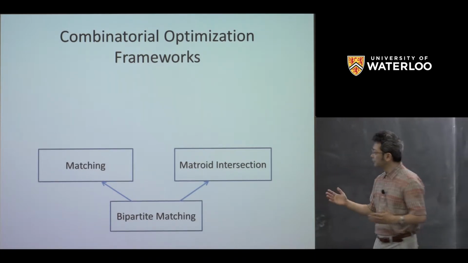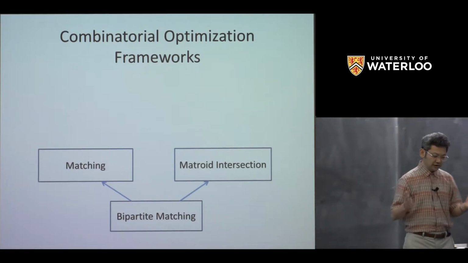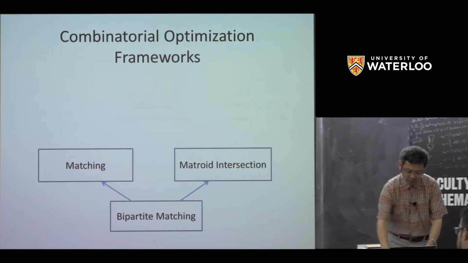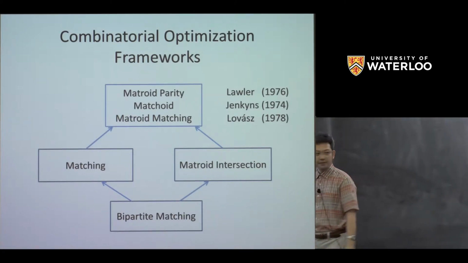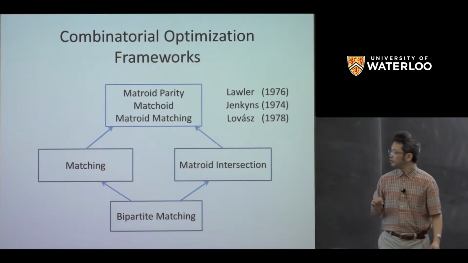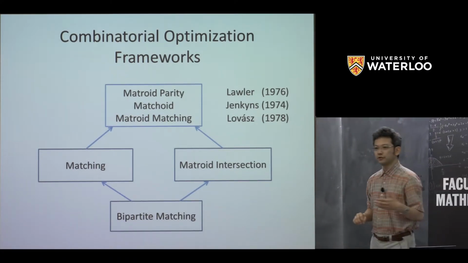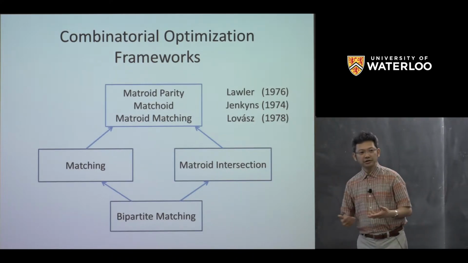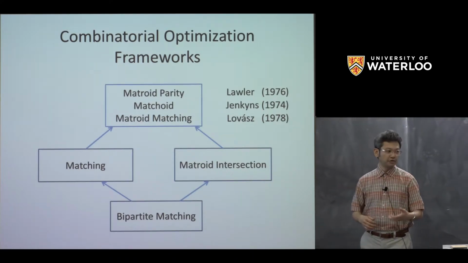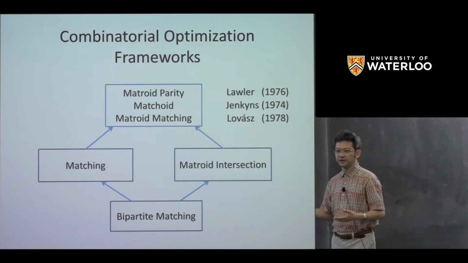So this is a very beautiful world, and therefore, it's quite natural to want a common generalization of these two frameworks, okay? So in the 70s, a few such frameworks were proposed, under the names of matroid parity, matroid matching, and they turned out to be equivalent to each other.